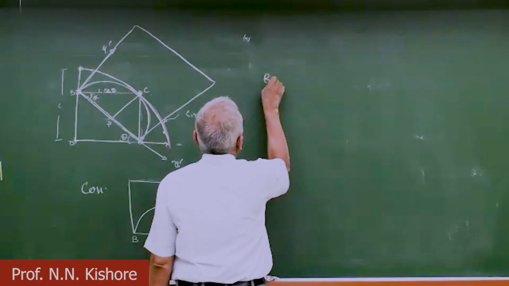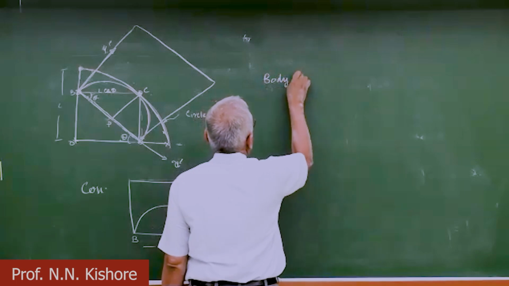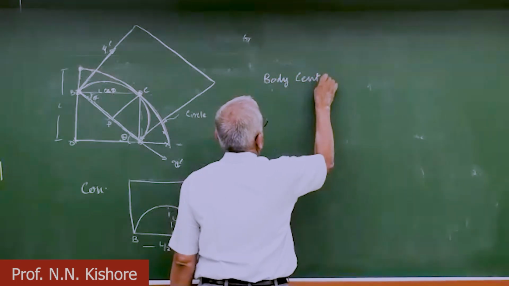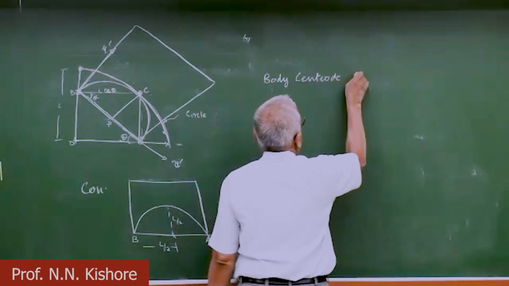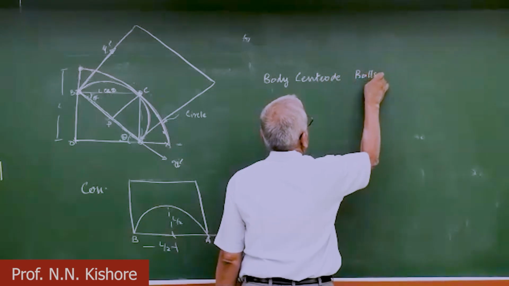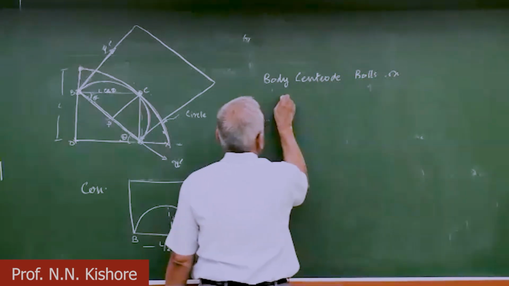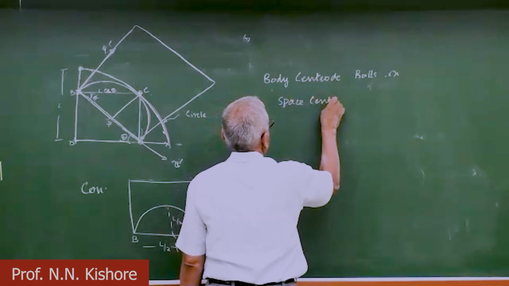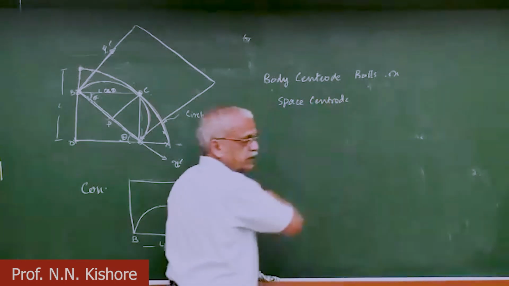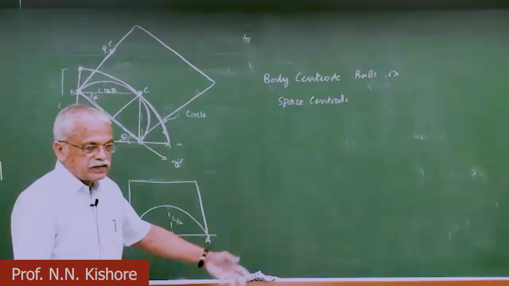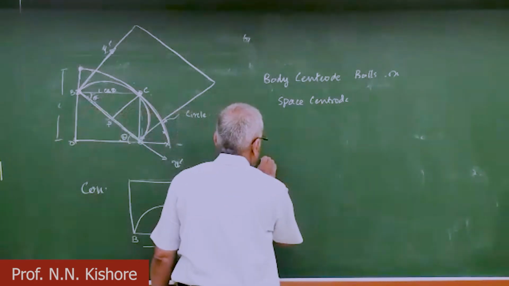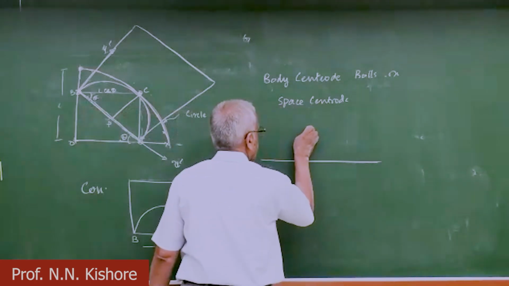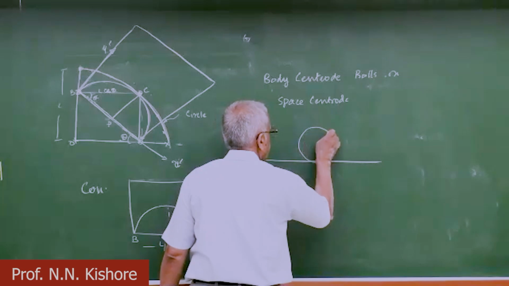So the body centroid rolls on the space centroid. All these things can be proved just as in the analysis which we have done.